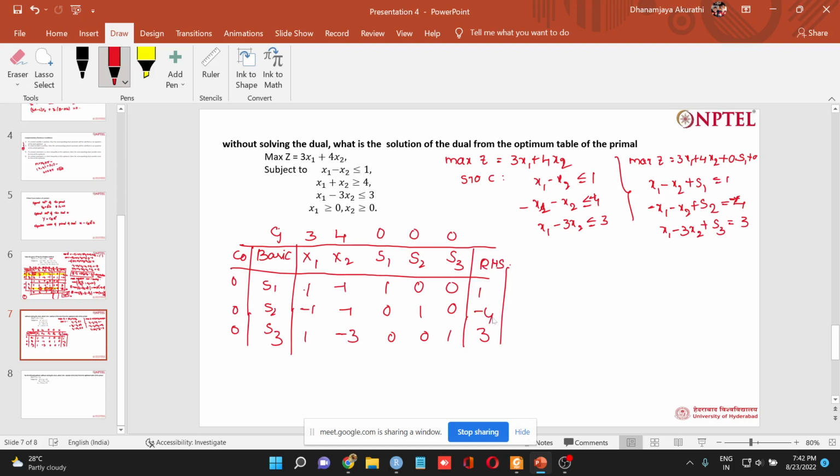So we have to solve this problem by using the dual simplex method. So the deviation row would be Zj minus Cj. Here Zj means Cb into Xv, all would be 0, minus 3, and next minus 4, 0, 0, 0.